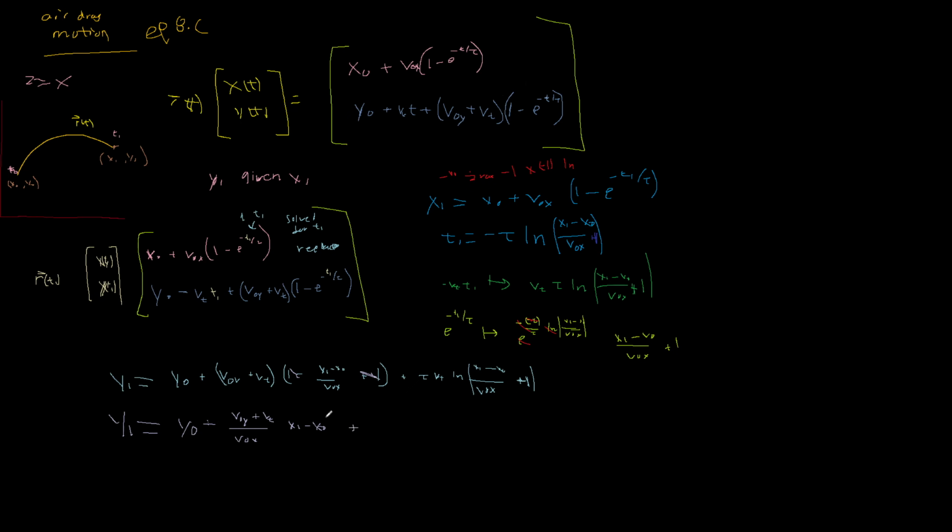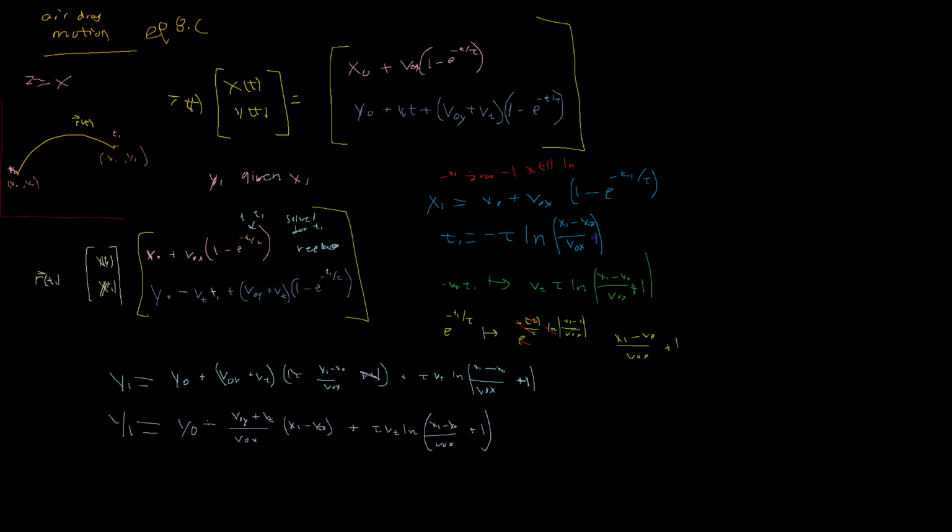And we add our tau v terminal natural log of x1 minus x naught over v0x plus 1. And let me just double check my notes to make sure that that looks correct. Right.